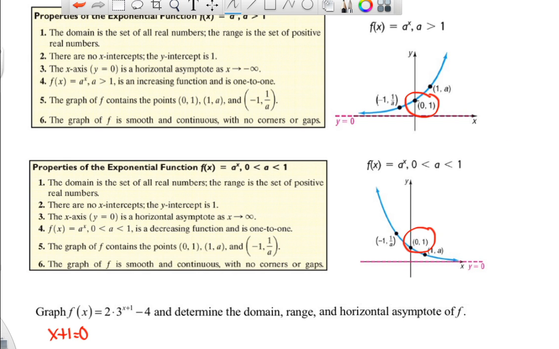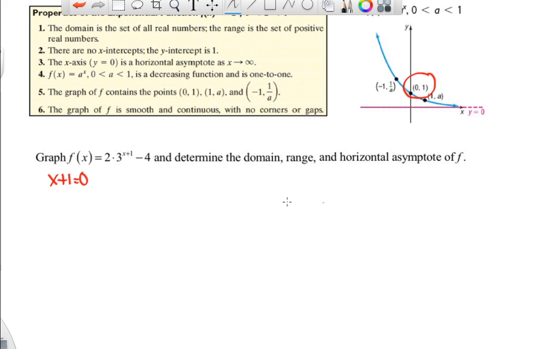But if it's an a to the x plus 1, then 0 occurs at a negative 1. So the reason I did that is because that's sort of the middle of my table. So I want a negative 1 sort of in the middle. Because now I get 2 times 3 to the power of 0, which is 1. So 2 times 1 is 2, minus 4, that's a negative 2.